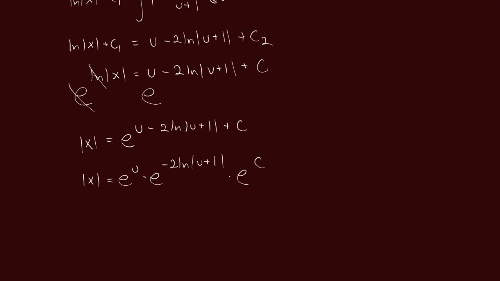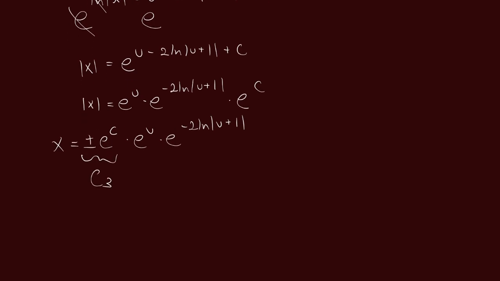Okay, so now what I'm going to do is get rid of this absolute value by putting a plus and minus here. I'm going to put e to the c here. And what I'm going to do is set all of this to be one big constant, c3.